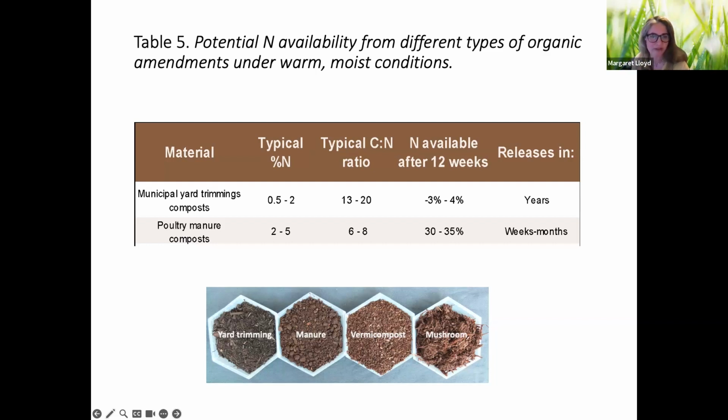Poultry manure composts typically had a percent nitrogen ranging from 2 to 5%, and the C to N ratio ranged from 6 to 8. And we measured availability in those 12 weeks being 30 to 35%. So this material contributed nitrogen in the weeks to months time frame.